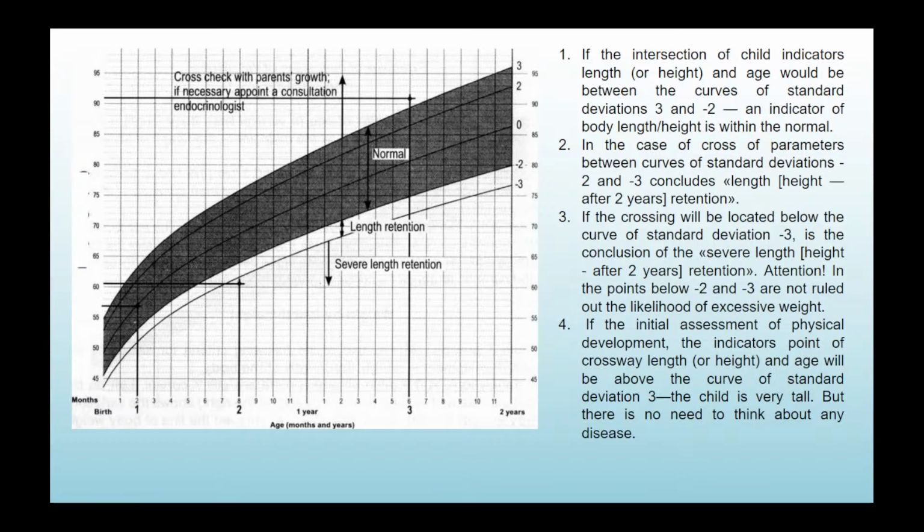In cases where the crossing of parameters is between the curves of standard deviation -2 and -3, we conclude weight and height retention. If the crossing is located below the curve of standard deviation -3, the conclusion is severe height retention.